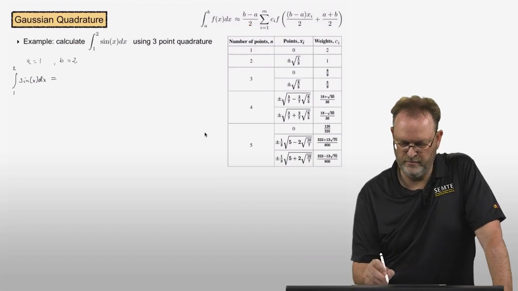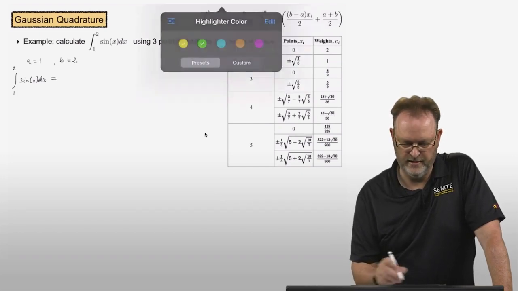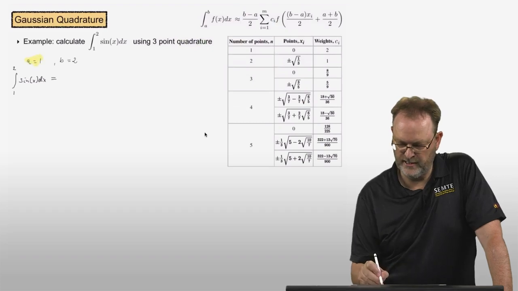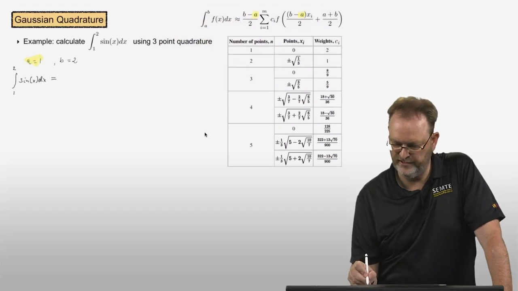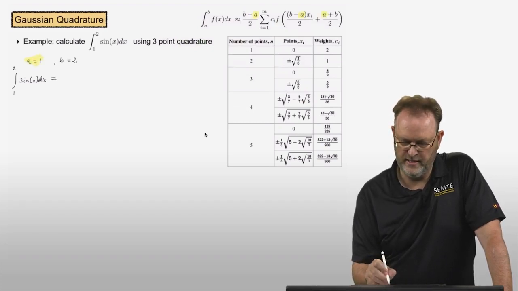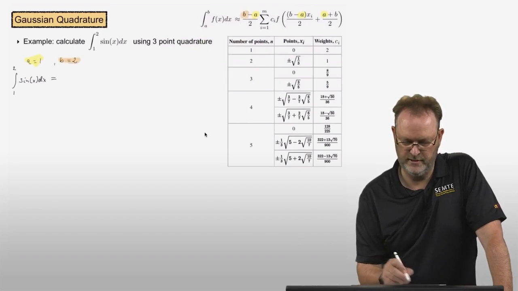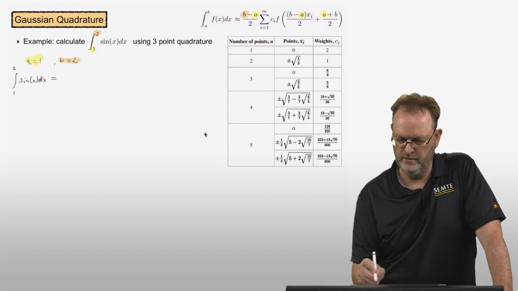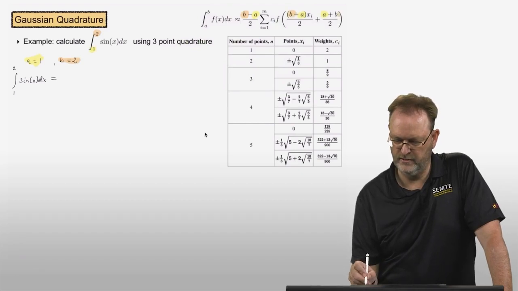Let me mark what I have determined so far. So I know that my a is 1, so that's this value over here. And I've determined that my b is 2. That's this guy. So that goes into the formula over here.